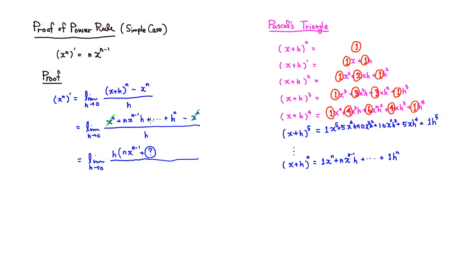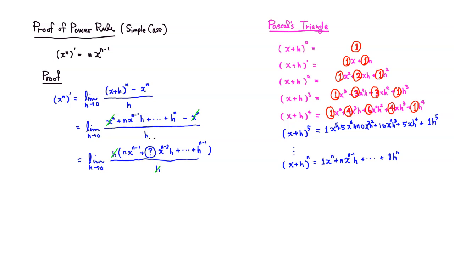The next term would be x to the n minus 2, then h squared, but one of the h's pulled out, so you're going to have h here. And so on. So last one is h to the n minus 1, because one of the h is pulled out, all over h. So we can cancel h on top and h on the bottom, common factor.